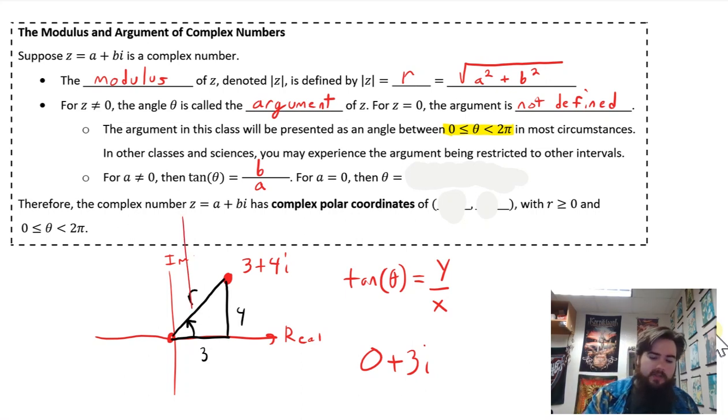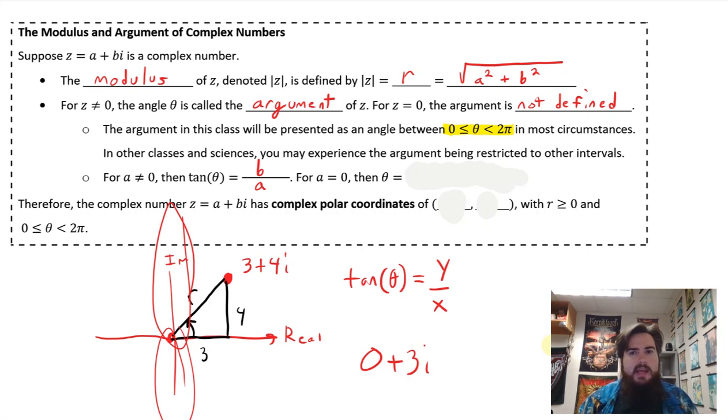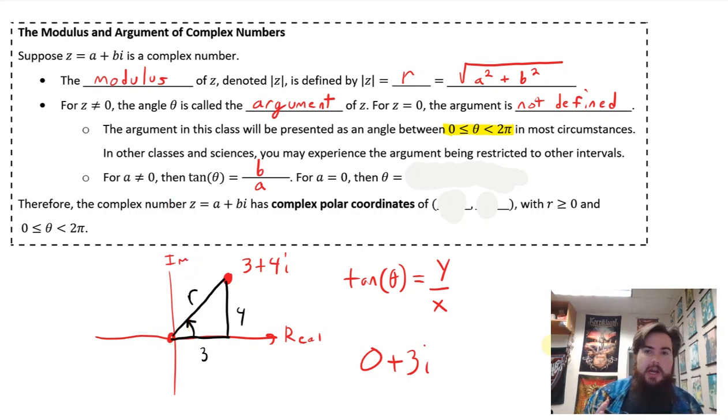Meaning that we are on the imaginary axis, either the positive or the negative. And in terms of angle measures, we should know that the positive imaginary, very similar to the positive y-axis, should be an angle measure of pi over 2, whereas the negative imaginary, or negative y-axis, should be an angle measure of 3 pi over 2.